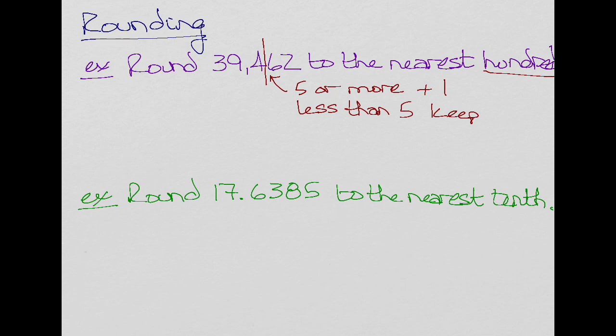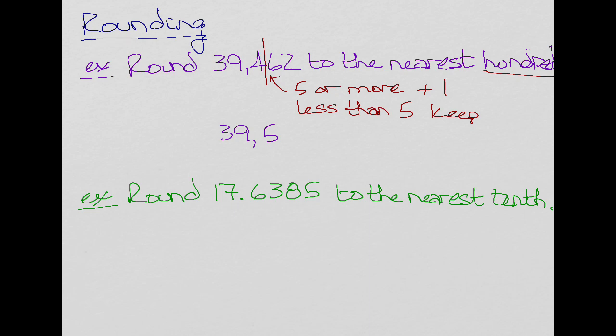Well, 6, as you are probably shouting at your computer screen, is 5 or more. So I'm going to take my number in the hundreds place, 4, and bump it up by 1 to 5. So now I have 39,5, and we're going to just zero out everything after that.